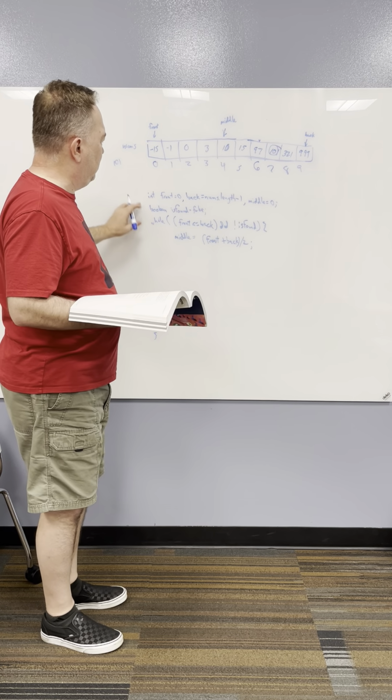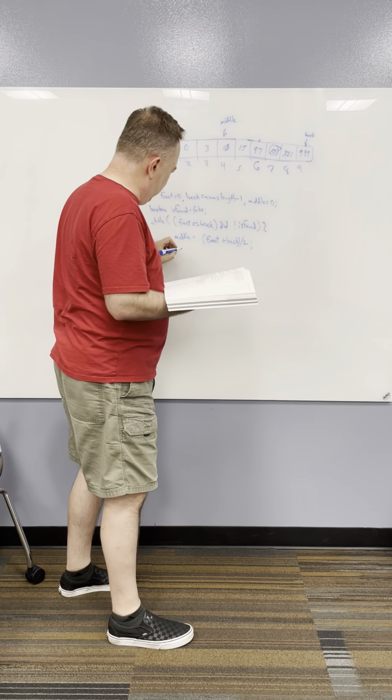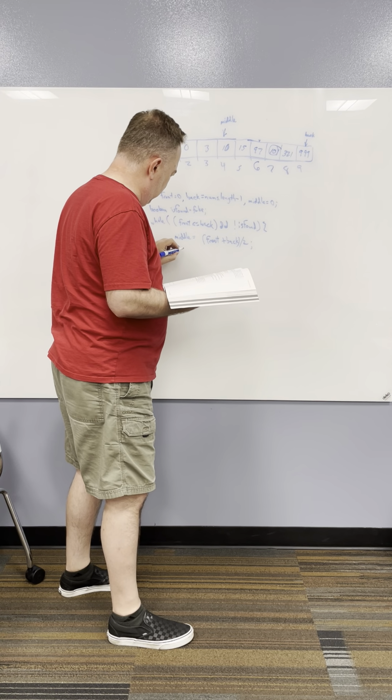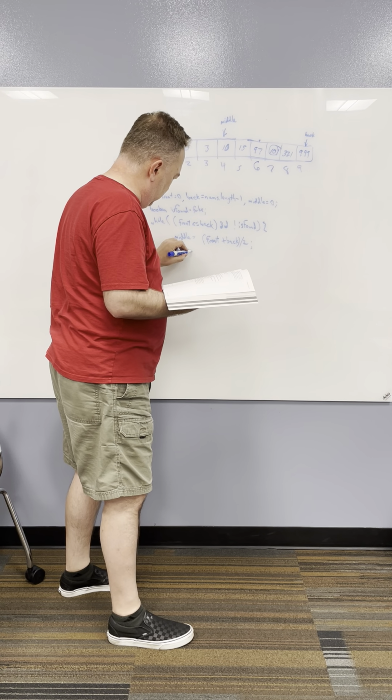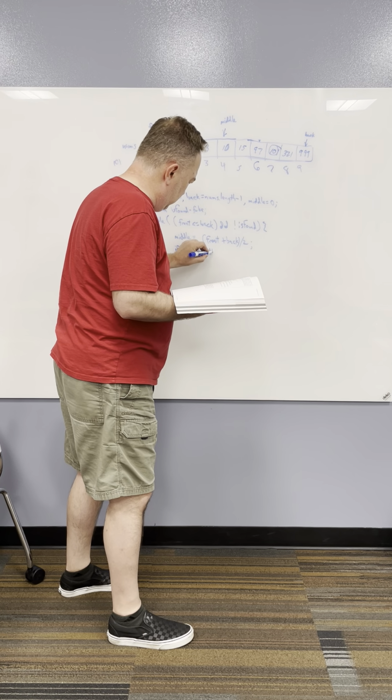This is where we are in the code. We've set things up, calculated our first middle. That looks rational. If nums middle.